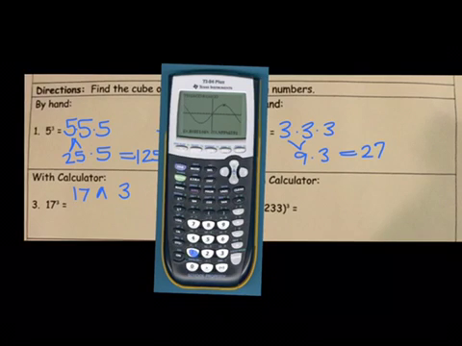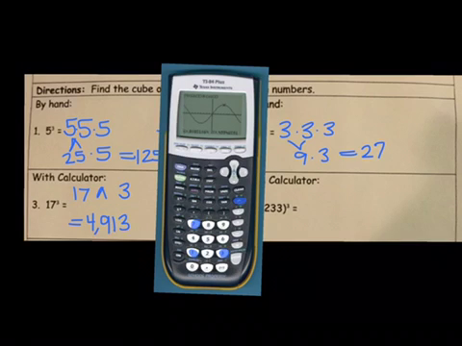So 1, 7, caret, 3, 17 to the third power. If you want to do that without a calculator, be my guest, but I think it's easier with one. What do you get when you do 17 cubed? I believe on your calculator, you get 4,913. If you didn't get that, make sure you do it again and see what you did wrong.